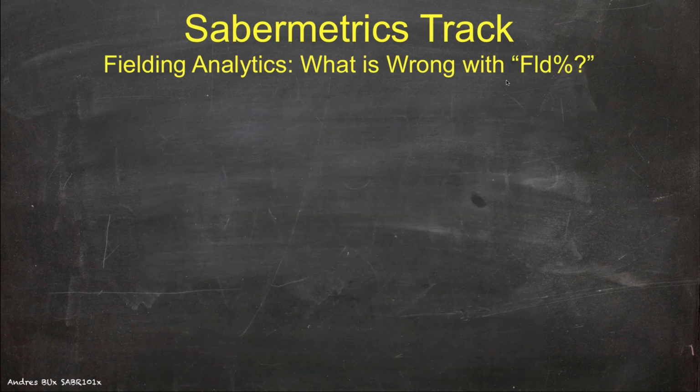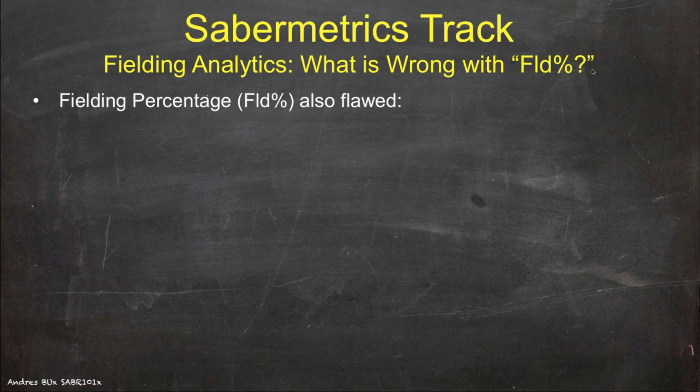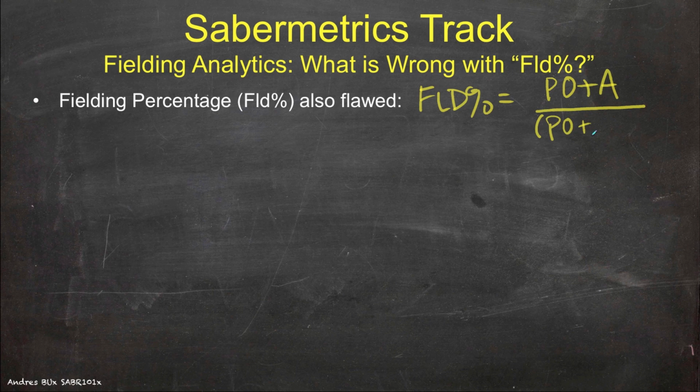What is wrong with fielding percentage? Now, fielding percentage as a metric is widely used for measuring fielding. So let's briefly define what it is. Fielding percentage is a simple ratio of putouts plus assists to the total of putouts plus assists plus errors.